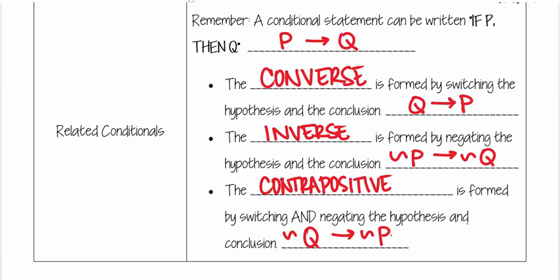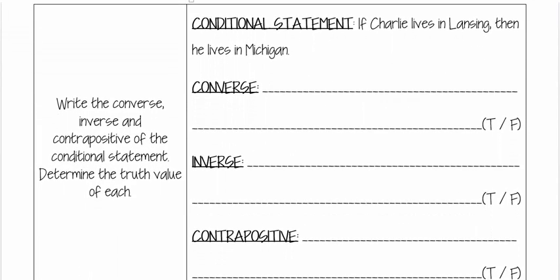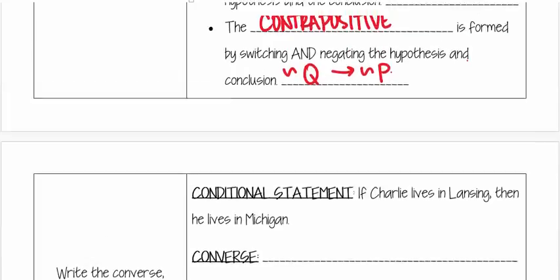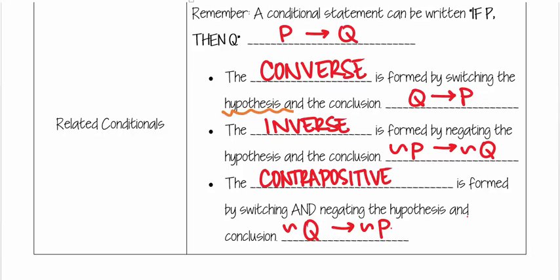So let's try some problems. This says, write the converse, inverse, and contrapositive of the conditional statement, and then say if it's true or false. Here's my conditional statement: if Charlie lives in Lansing, then he lives in Michigan. The first one I'm going to come up with is the converse. The converse switches the hypothesis and the conclusion around.